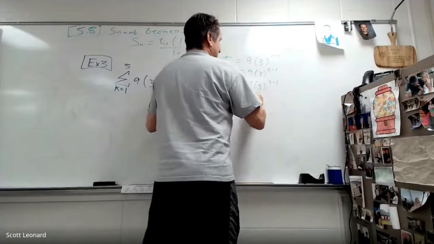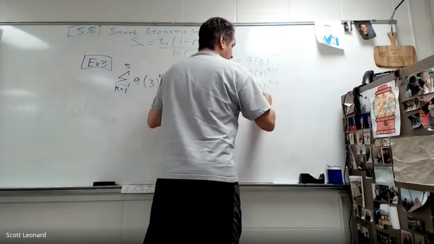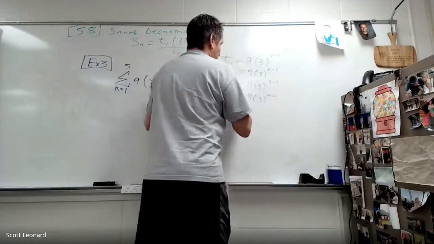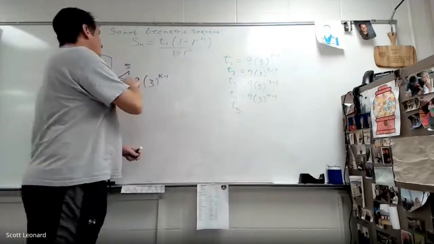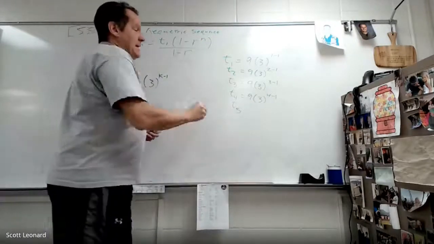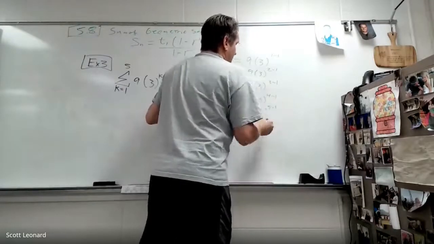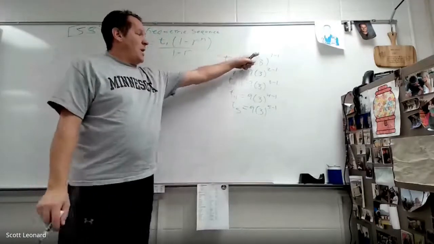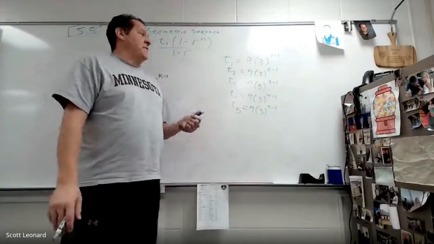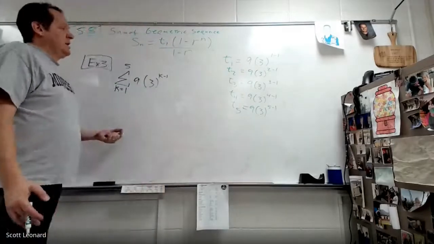Term 4 is 9 times 3 to the 4 minus 1 power. And the 5th term, because they're going up to 5, would be 9 times 3 to the 5 minus 1 power. And what you'd have to do is work out all 5 of these and then add all 5 of them up. But there's a shortcut here.